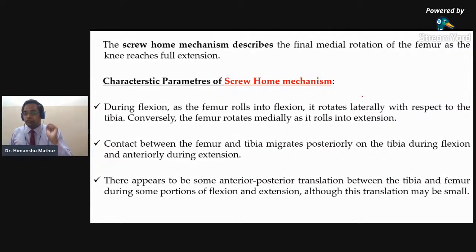Terminal extension, 15 to 20 degrees. There is internal rotation of the femur. Similarly, in the closed kinematic chain, when we initiate flexion, the femur rotates externally, or laterally, a little.